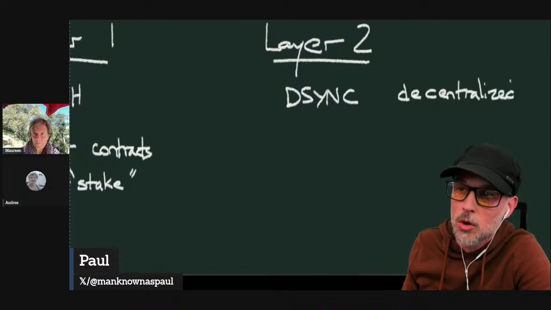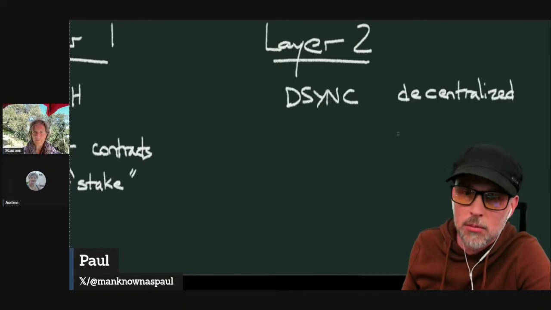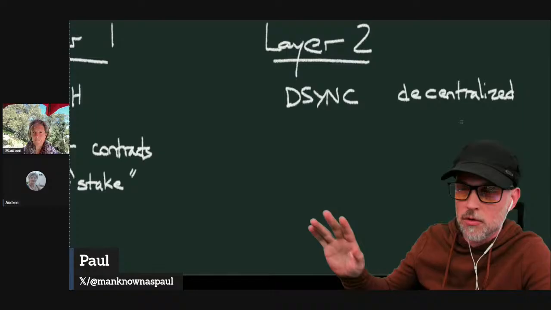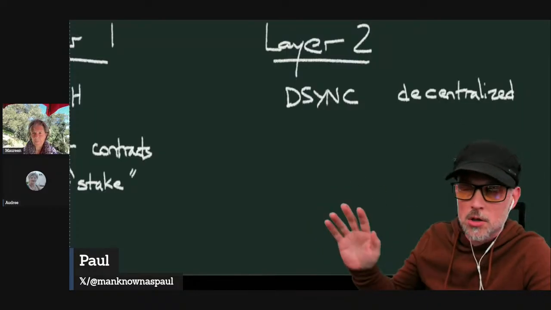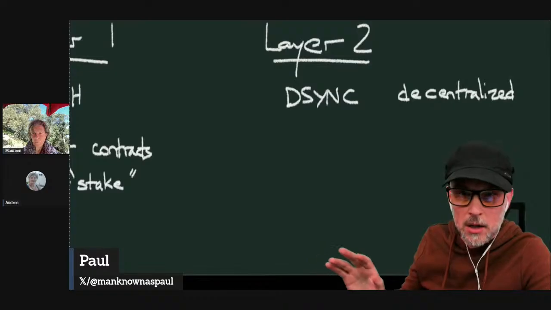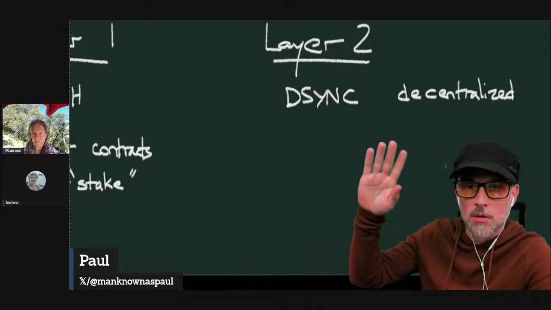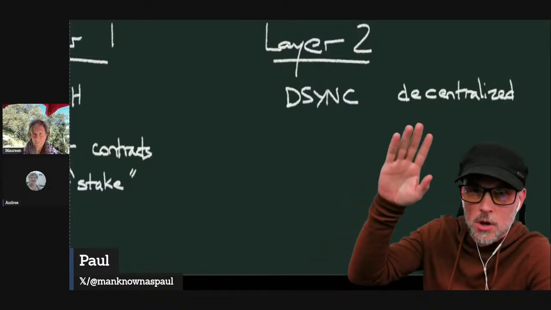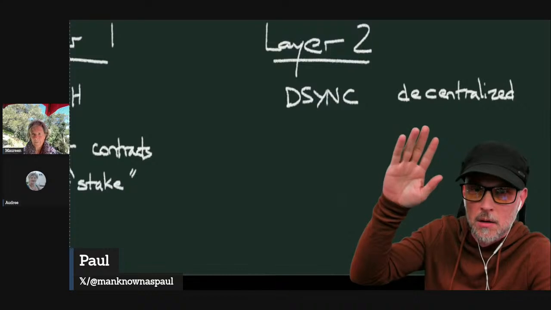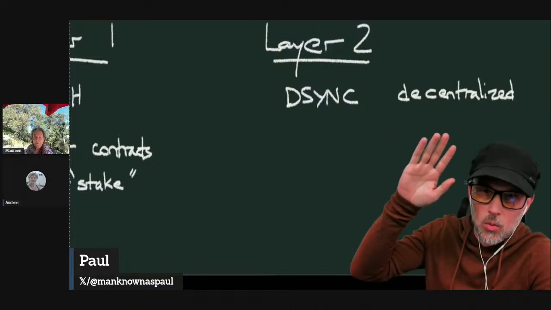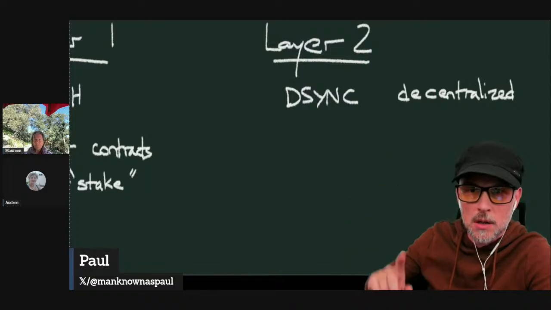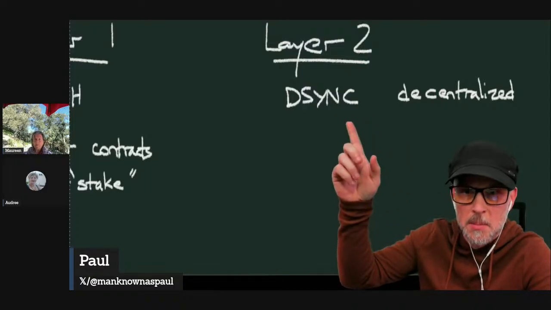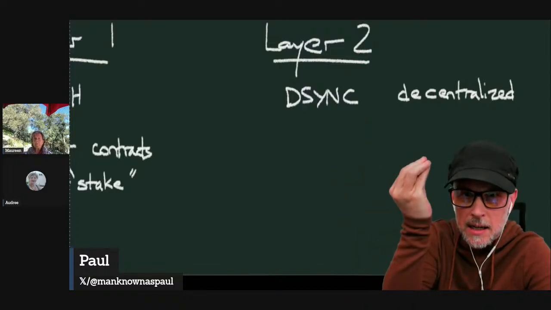In fact, you can go and sign up for an account and you don't have to produce any credit card information. You don't have to give them any dollars. You don't have to put in an email address, anything. You can get an account and start storing your data simply by getting a wallet and buying some DeSync and staking it.